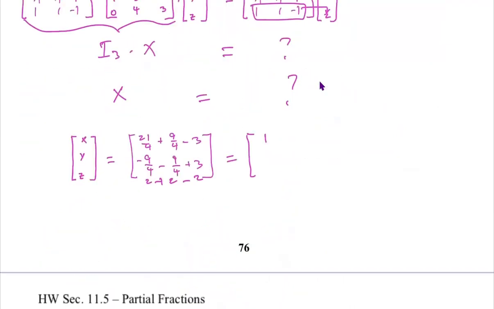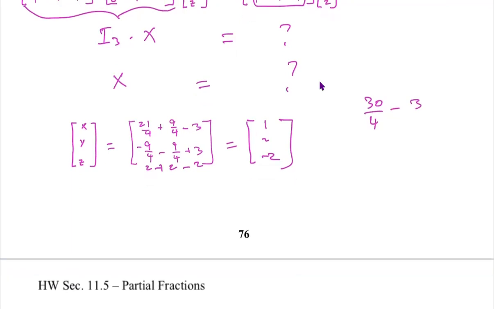1, 2, negative 2. So 1, because that's 30 over 4 minus 3. Then you do 4 times 3, that's 12. So that's 30 minus, so that's plus. No, that's minus 9. So that's not 30.